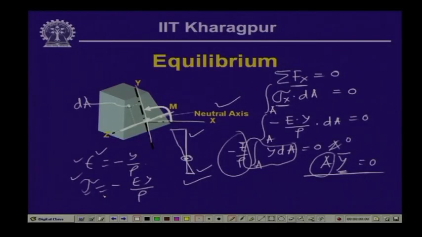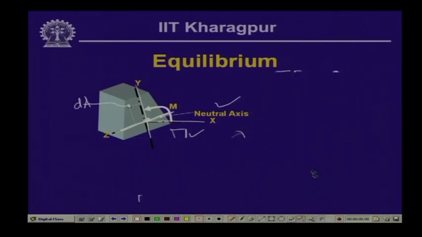Now, let us look into the relationship between the moment and the stress. The other equilibrium equation we can have is for the moment. This is the beam segment which we are assuming, having a moment m here, and we are considering the force sigma x times dA.